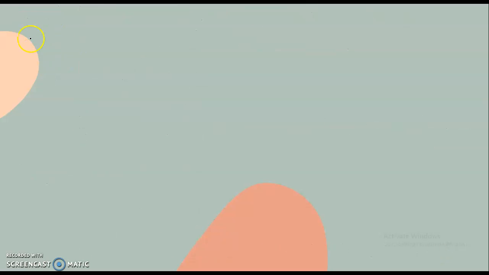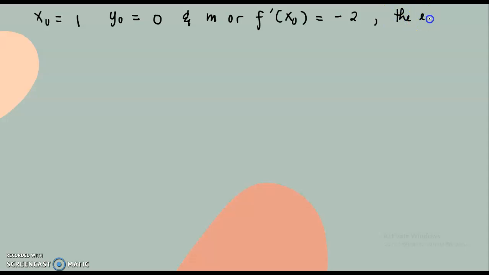Substituting now the values of x sub 0 equal to 1, y sub 0 equal to 0, and m, or f prime of x sub 0, equal to negative 2, the equation of the tangent is y minus 0 equals negative 2 times (x minus 1).